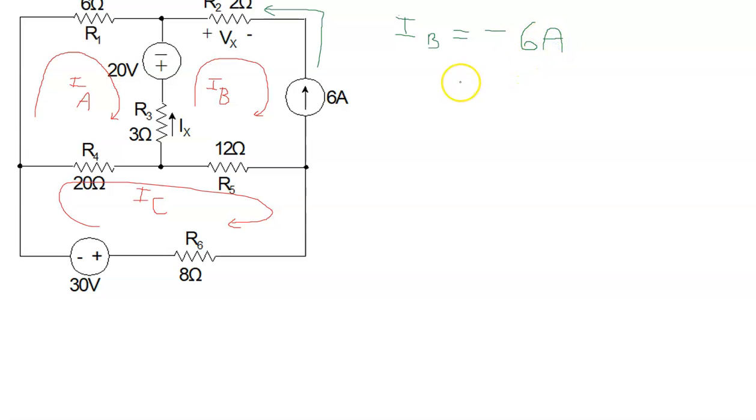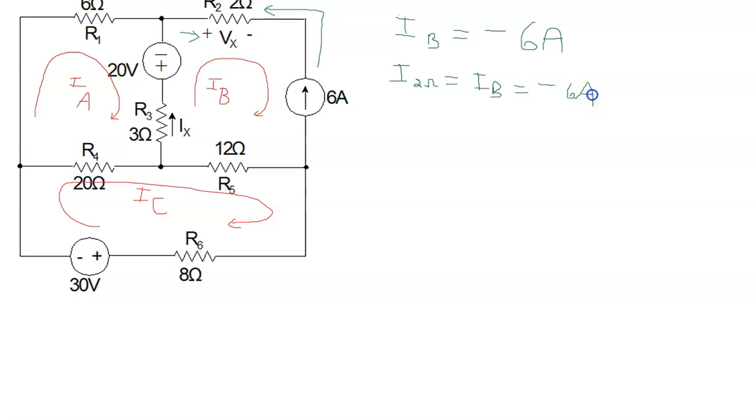Okay, so now the direction with IB agrees with the polarity shown across the 2 ohm resistor here, Vx. And so the current enters on the positive end. So that means that that current that flows through there, I2 ohm, is equal to IB, which equals negative 6 amps.